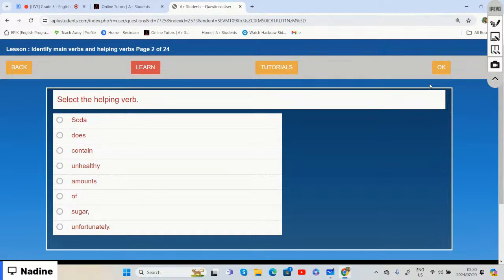So we say soda does contain unhealthy amounts of sugar, unfortunately.